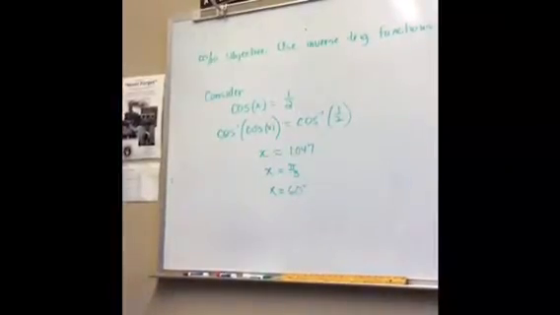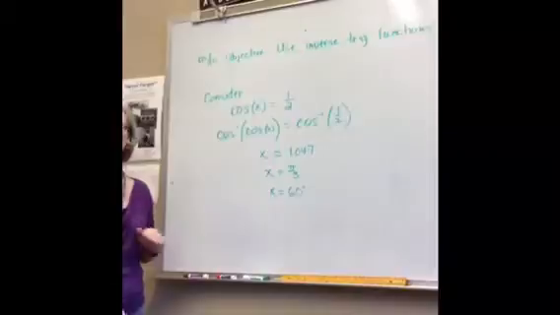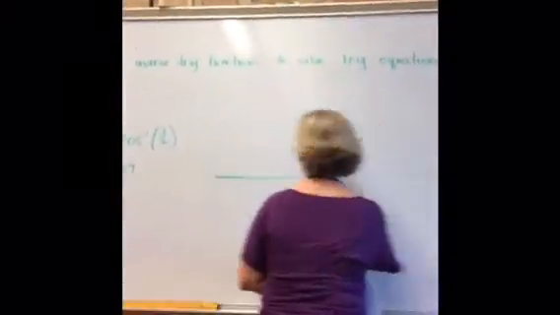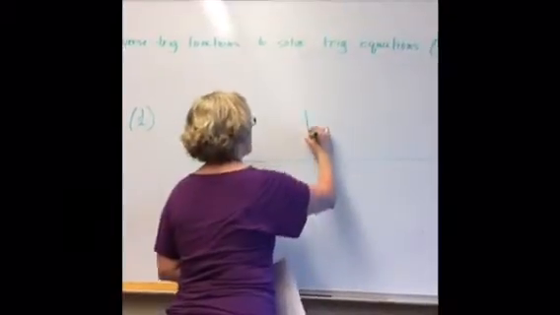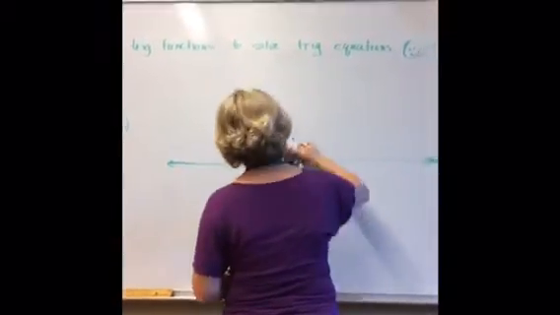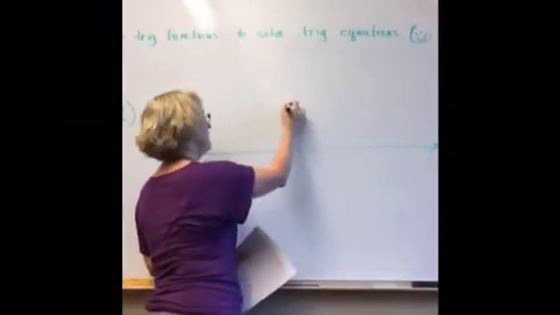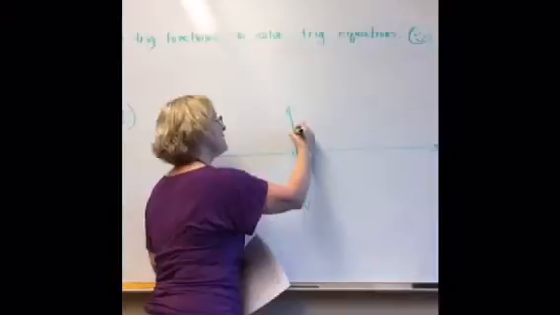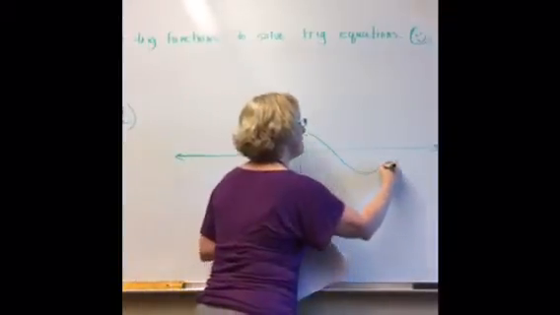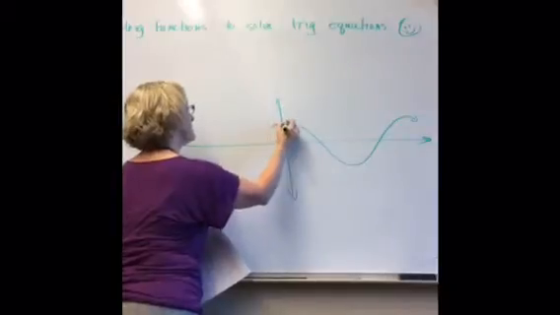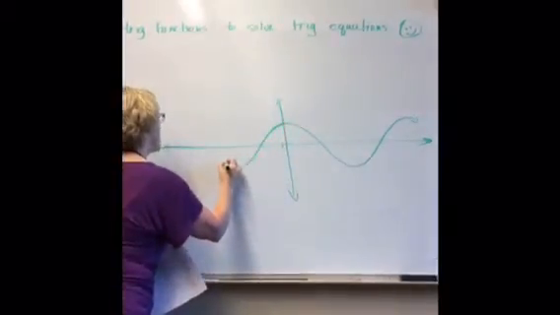But now let's take a look at what it's asking. So if we look at the graph, if we do the graph of y equals cosine of x, this is just a little sketch.